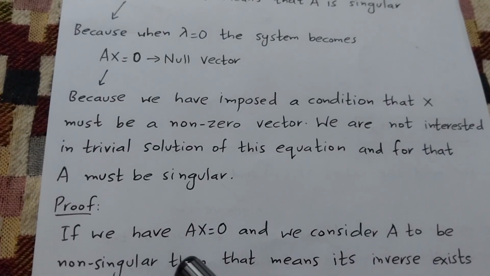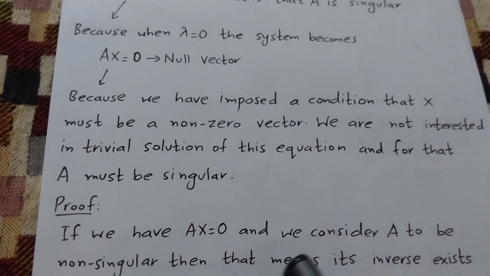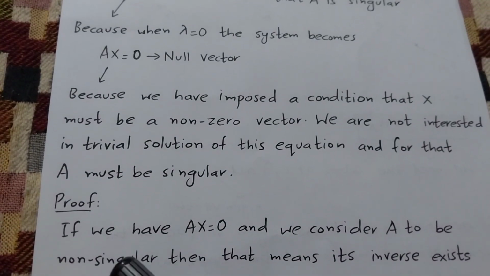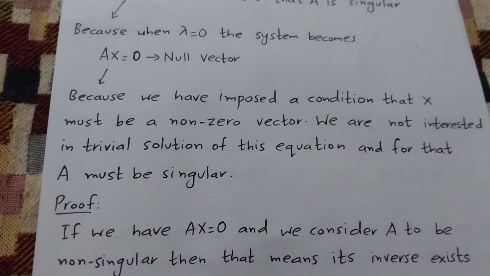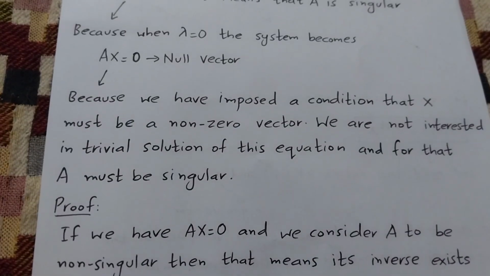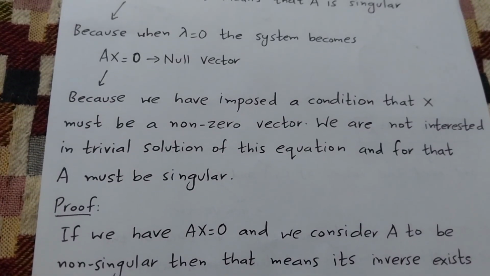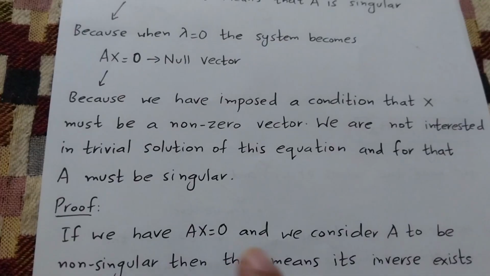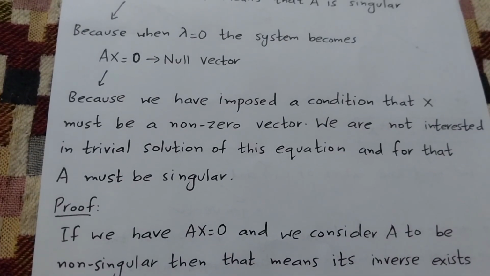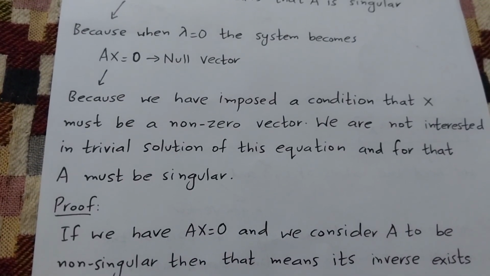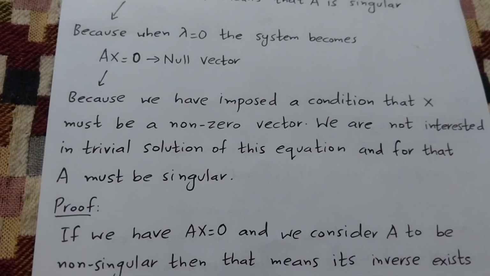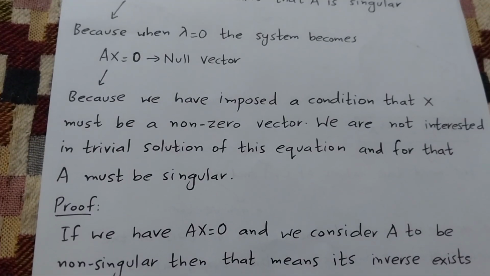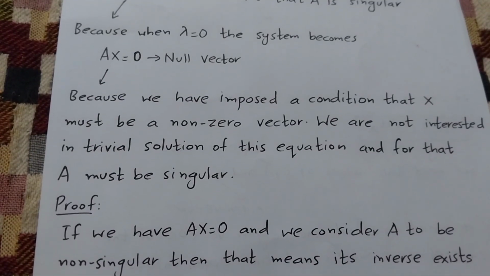So we are basically trying to prove that if you are interested in a non-trivial solution of a system ax is equal to 0, A must be singular. So let's consider its opposite. Let's say that we have a system ax is equal to 0 and we consider A to be non-singular. Then that means that its inverse exists. It's not singular, so its determinant is not equal to 0, so its inverse exists.